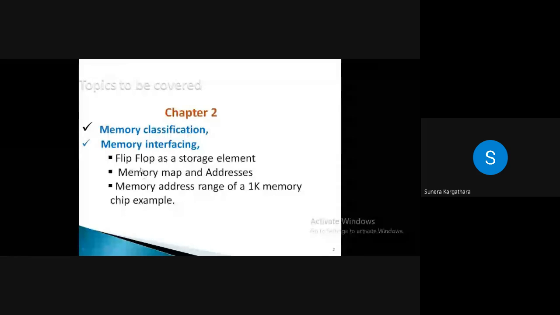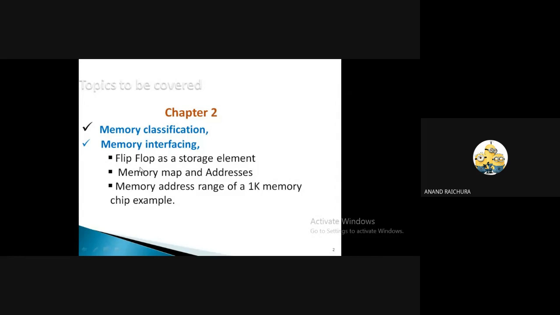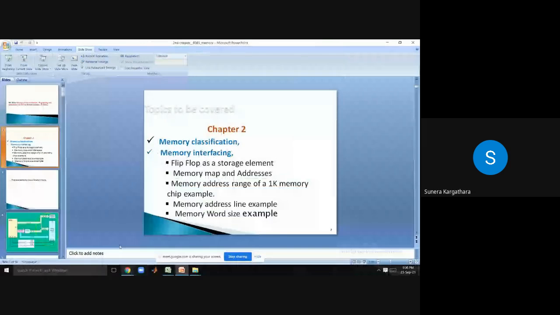Yes or no? Can you hear me? Yes, ma'am. So we all can understand that a flip-flop is a basic element into which you are storing your data. That data storage will always be in terms of zeros and ones.